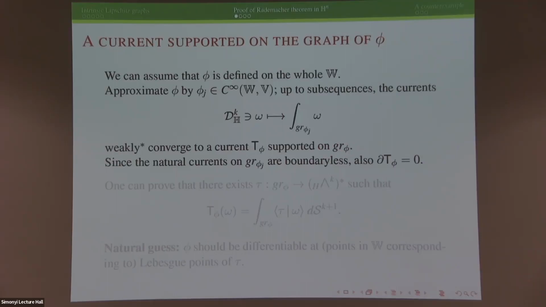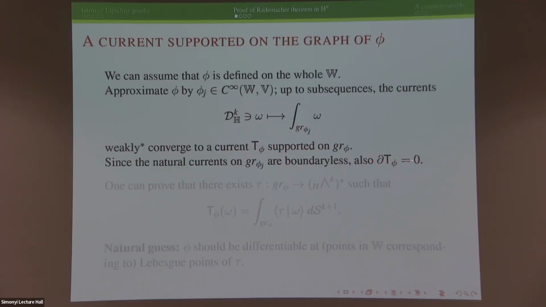Okay, so I just define some current on the graph of phi, and I observe that now these guys are entire graphs, they have no boundary. So this current is the weak-star limit of a sequence of boundaryless currents. So T_phi itself must be boundaryless.